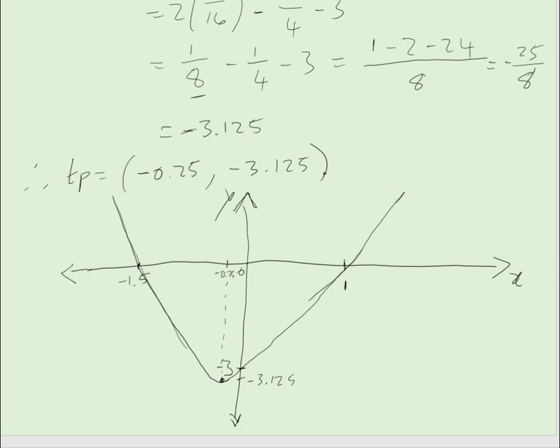And this is what our function will look like. And well, this is our f of x equal to 2x squared plus x minus 3.